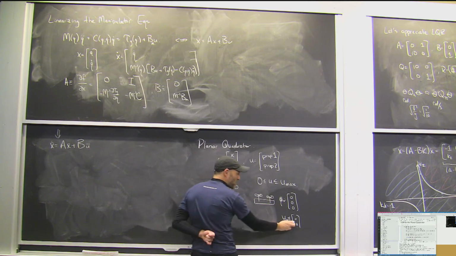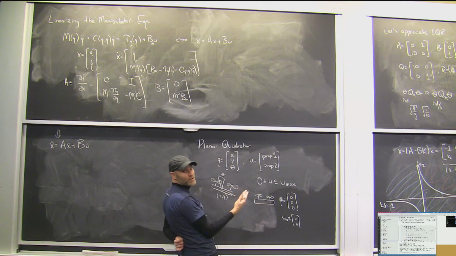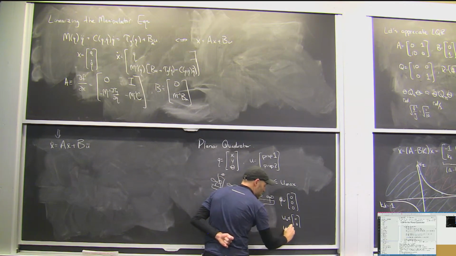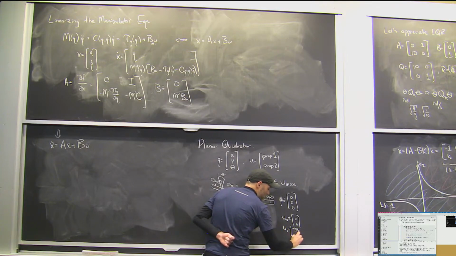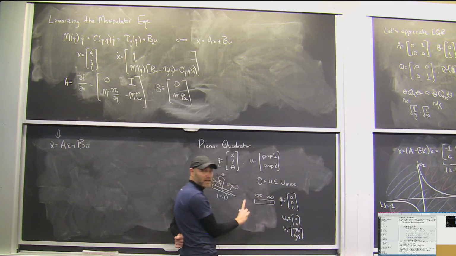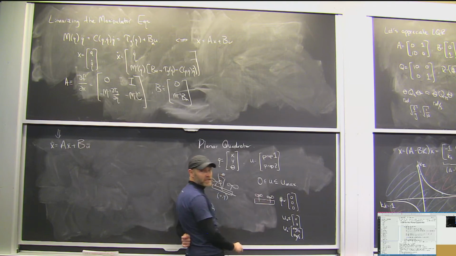So I need to apply a force that's like mg over 2 from each of those propellers is basically what you need to do in order to find an equilibrium point that I'm going to linearize around.